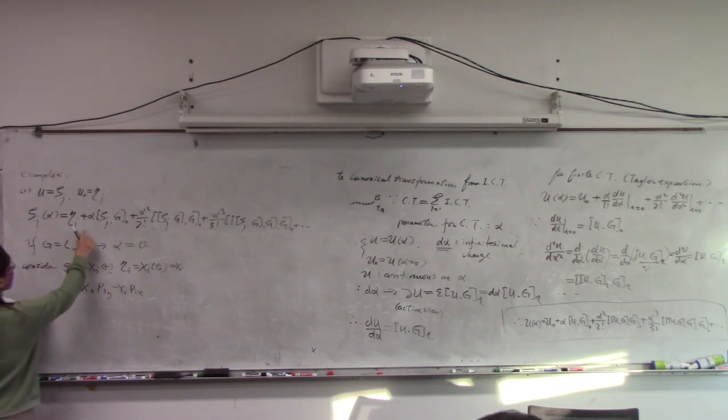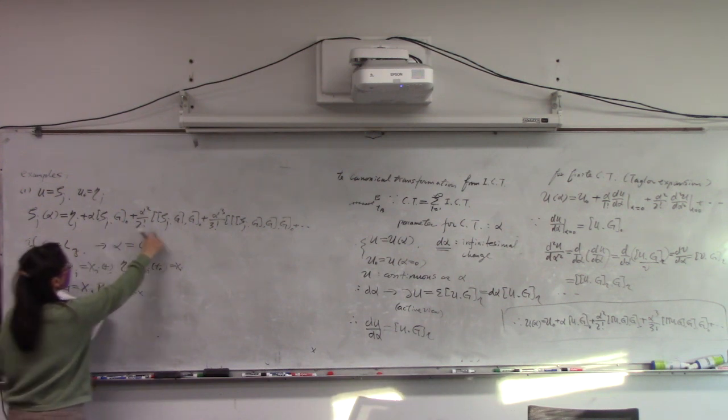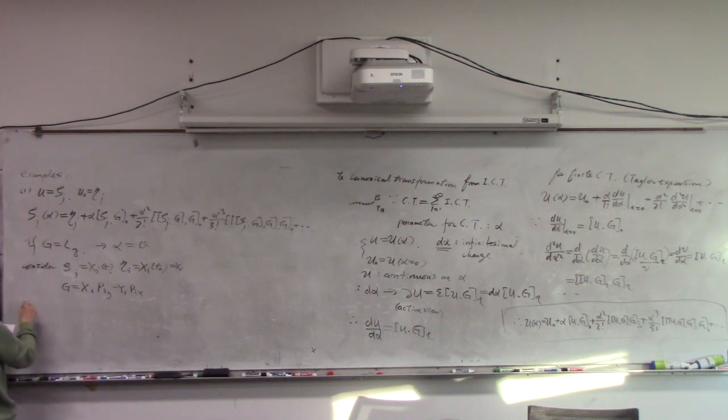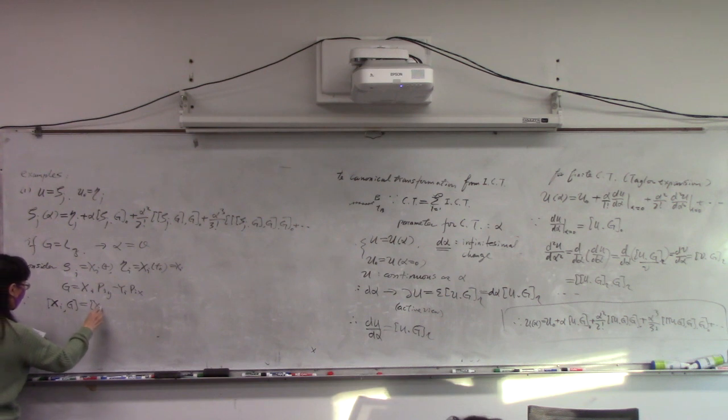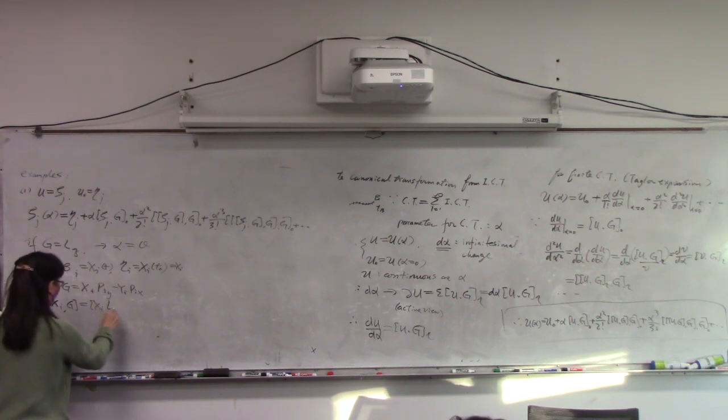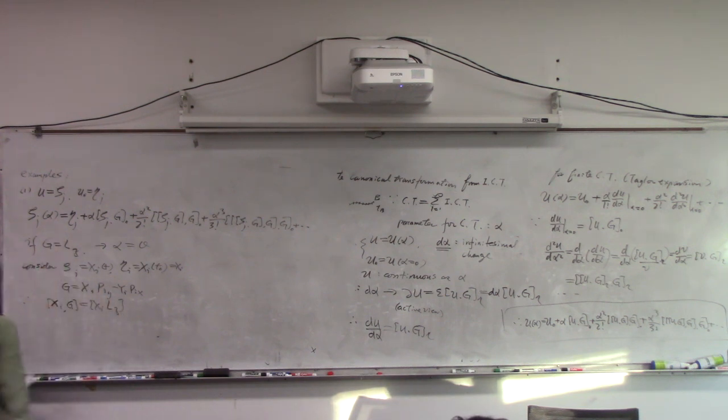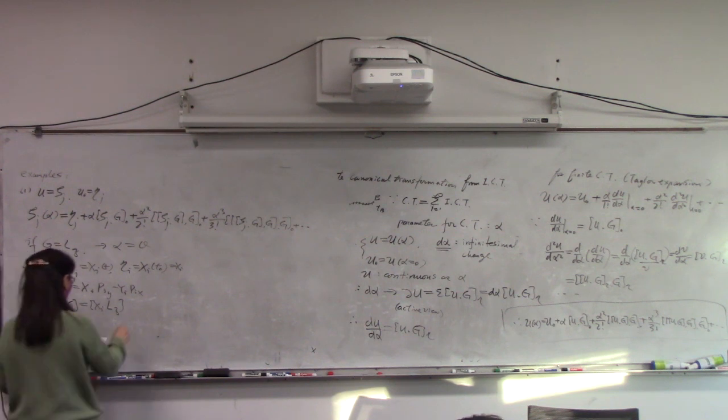Now let's see if we are going to find this Poisson bracket, right? So now let's look at this one. Let's look first at X_i capital, this capital X_i with G, equal to X_i with Lz, right? G is Lz. And Lz is here, right?